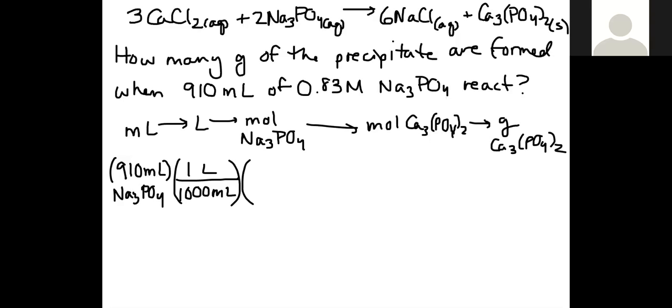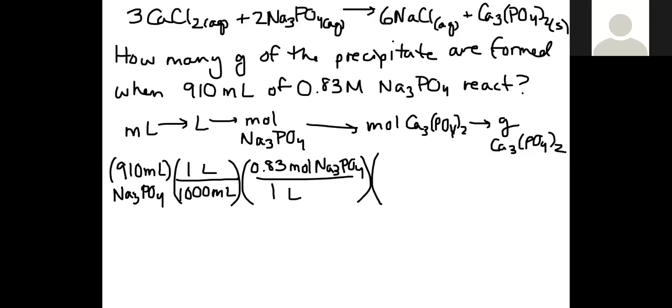So in this case, my molarity is 0.83 moles of Na3PO4 per 1 liter. We always assume 1 liter on the bottom. Molarity is always per 1 liter, just like density is always per 1 mil.